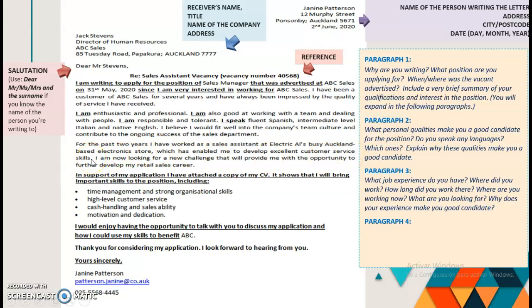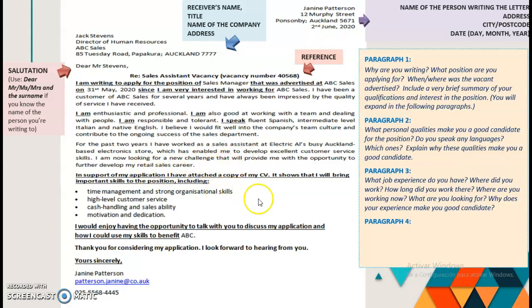If you have the possibility to mention some of the skills that you were able to acquire while you were working there, that is really good for a covering letter. "I am now looking for a new challenge that will provide me with the opportunity to further develop my retail sales career."